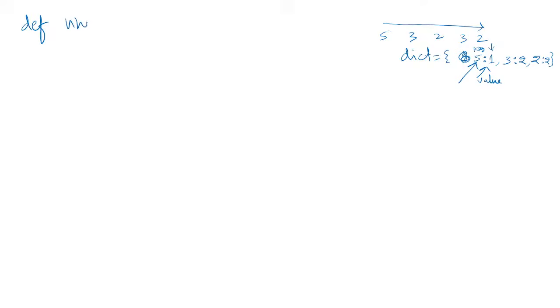The function name is unique element, and we have the array here. What you can do is define a dictionary which stores the frequency. I call the dictionary frequency. Initially I create an empty dictionary like this, frequency is equal to.